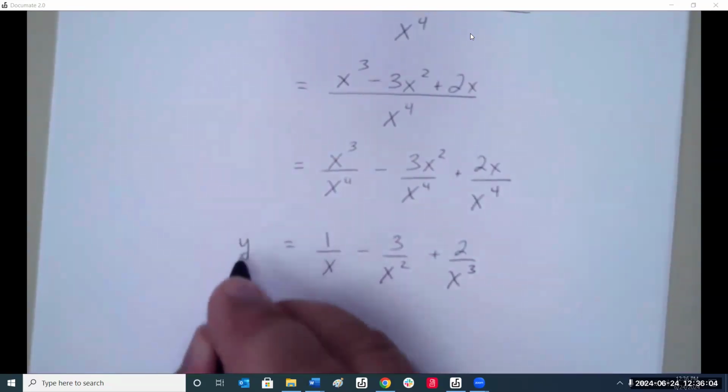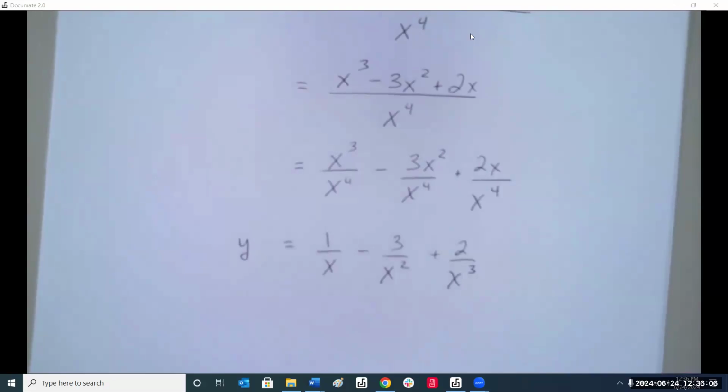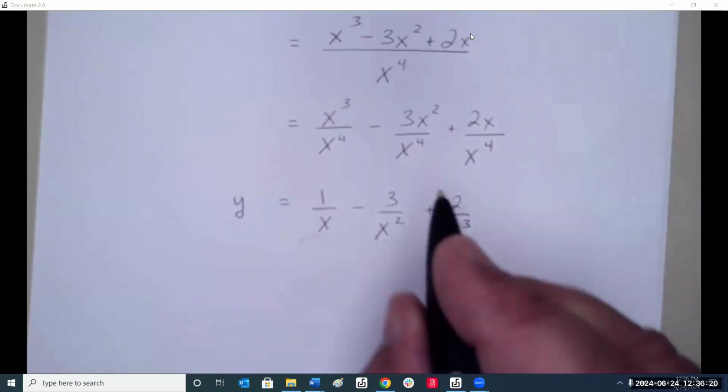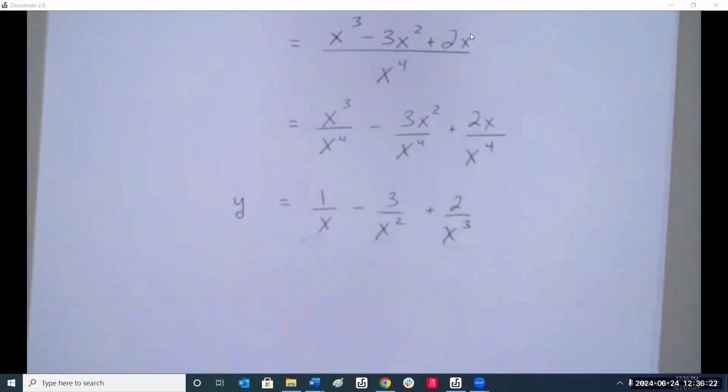So our original equation now becomes this. Now we just take the derivative of each one of these separately. You don't have to use the quotient rule either. All I did is multiply the two top numbers together and then divide by the denominator.